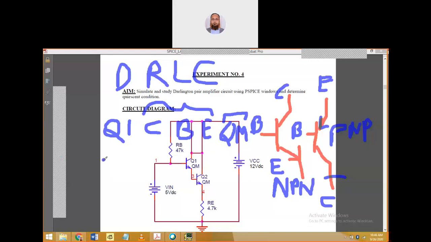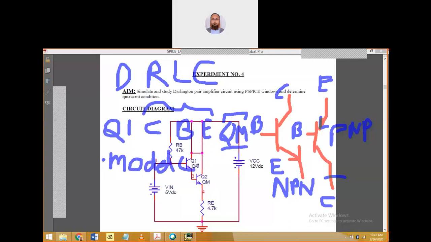Whenever we are using something different from RLC, we have to give the model. For a diode we give a model, so for a BJT also we give a model. We call it .model, then the name of the BJT for which we are defining this model.